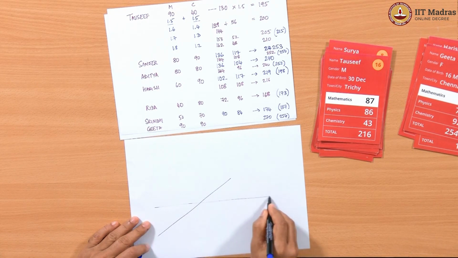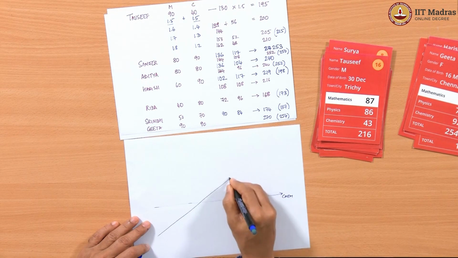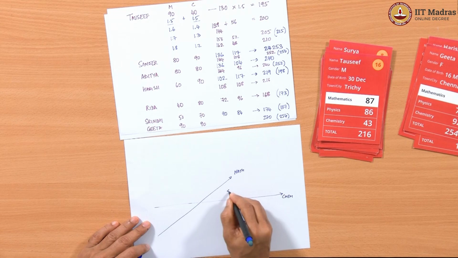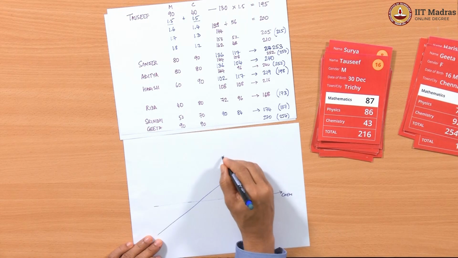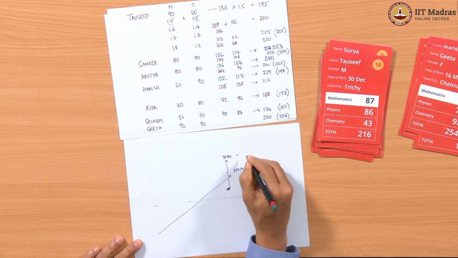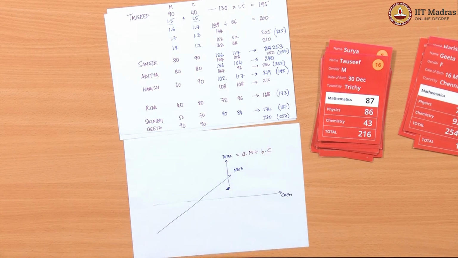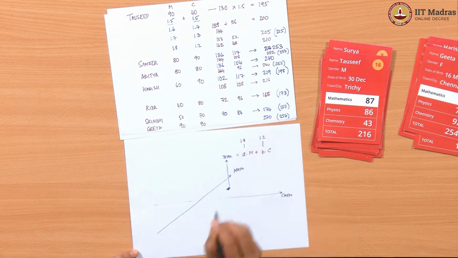We take chemistry here and maths there, and then at every point, if you pick a combination of maths and chemistry, you have some total. This is what we are trying to estimate: some A times maths plus B times chemistry. Our current estimate is that we should use 1.8 for M and 1.2 for C.